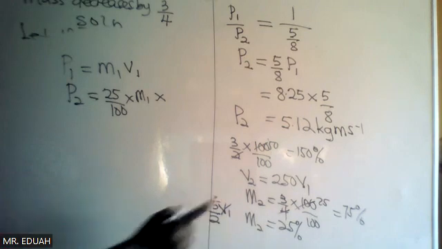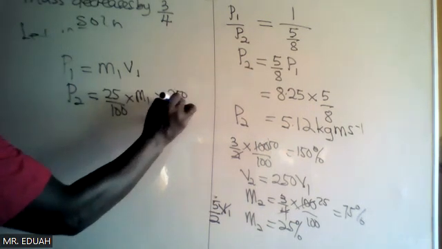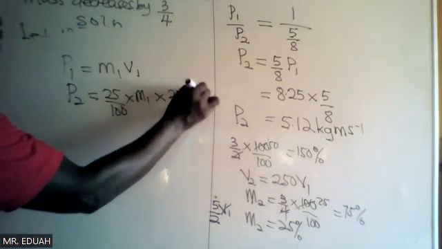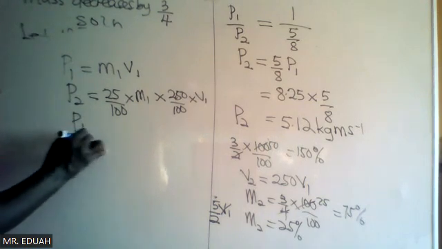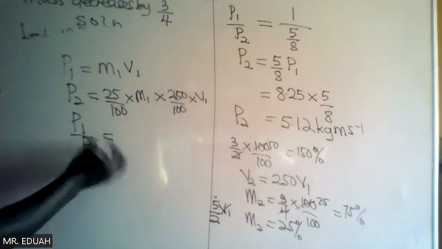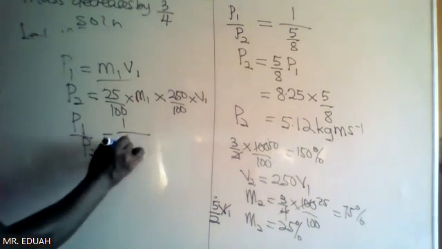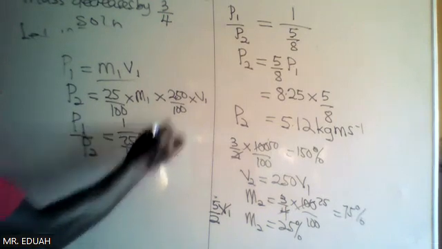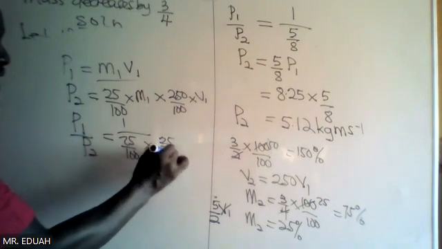V2, we have 250% of V1. If you take the ratio, P1 on P2 equals, the masses will cancel. So 1 over 25 over 100 times 250 over 100 is actually 25 on 10.